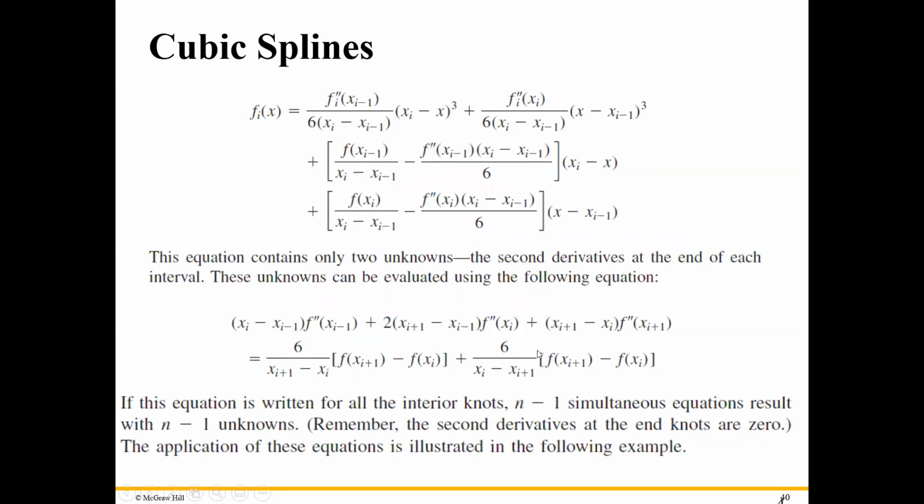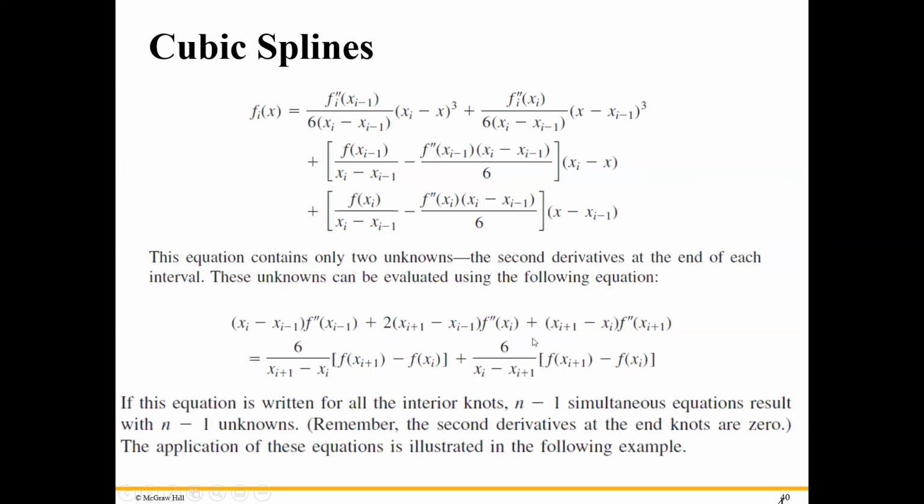So using this equation and the conditions, we can calculate the values of f(x) by two equations. f double prime of x can be calculated by this second equation, which can be input into this first equation to find the value of f(x).